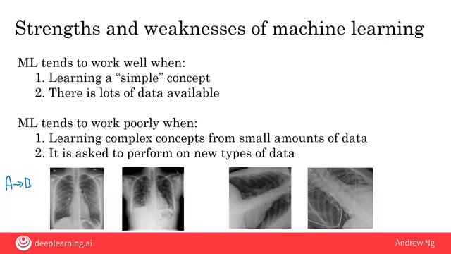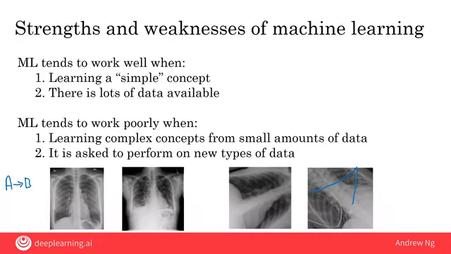I'm not sure if you can see the little scratches in the image, these little other objects lying on top of the patients. If the AI system has learned from data like that on your left, maybe taken from a high quality medical center, and you take this AI system and apply it to a different medical center that generates images like those on the right, then its performance will be quite poor as well.